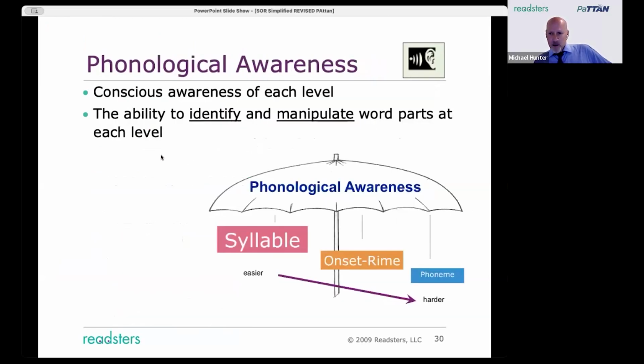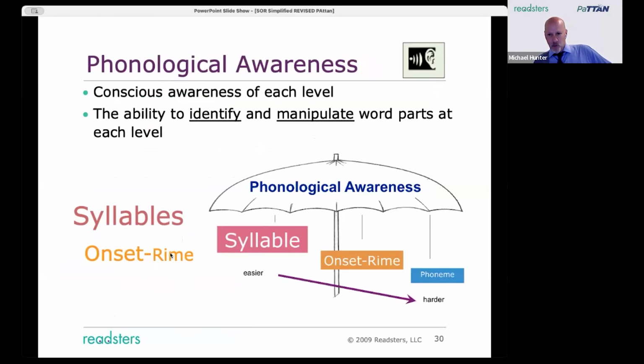The phonological awareness continuum: easiest is syllable, then more difficult onset and rhyme, which is taking a syllable, and the onset is all the sounds in a syllable before the vowel sound, and the rhyme is the vowel sound and any sounds after it. So if we had the word mop, the m would be the onset, and the op would be the rhyme.